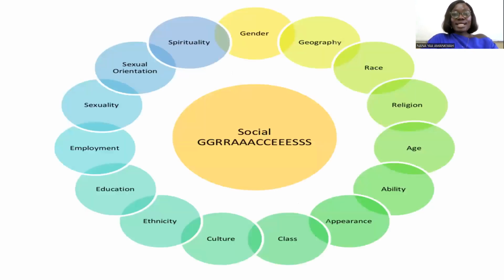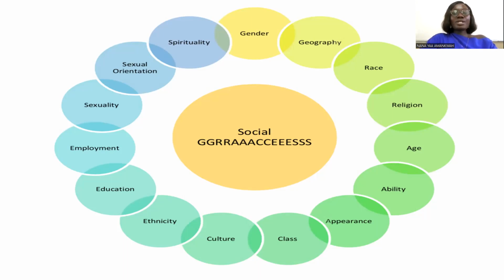So you have gender, geography, race, religion, age, ability, appearance, class, culture, ethnicity, education, employment, sexuality, sexual orientation, and spirituality. All right. So for now, these are the ones that we have.